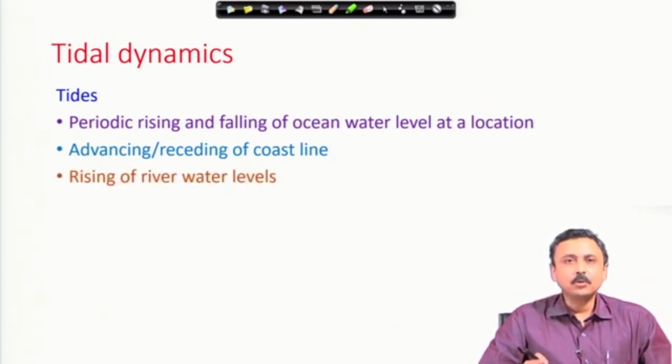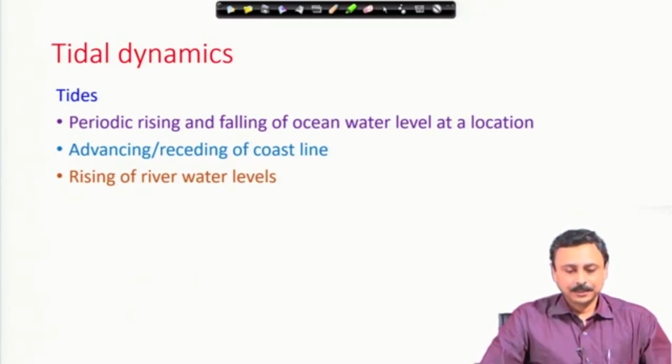Near the mouth of rivers, where the river meets the sea or the ocean, you will find that the water level in the river also rises during high tides, and it falls at low tides. You might have noticed that boats and ships do not want to sail out at low tide, because they might get stuck.